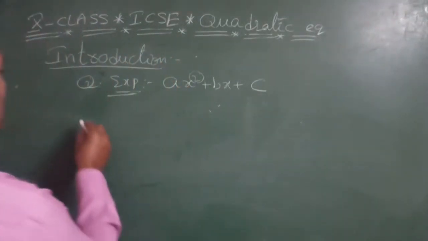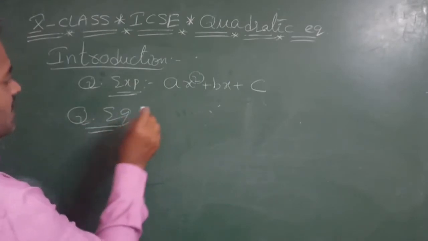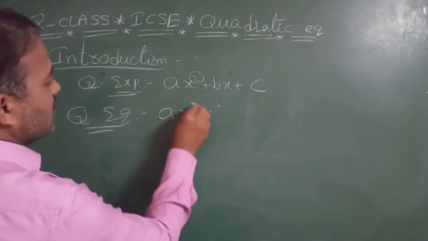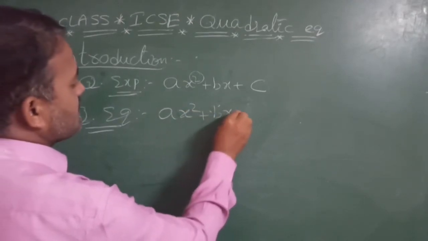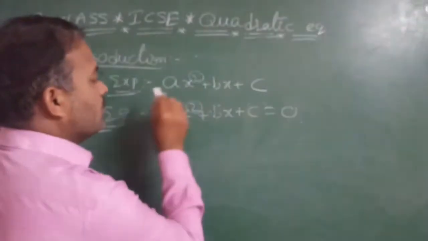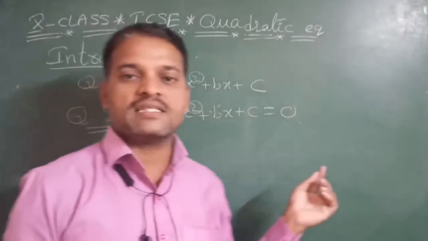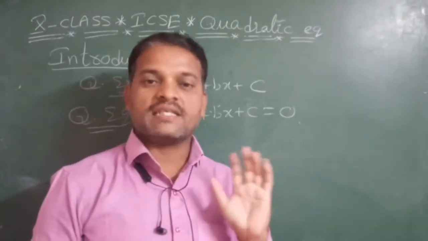What is a quadratic equation? A quadratic equation means ax square plus bx plus c is equal to 0. The degree is 2 and there is an equal sign, so it is called a quadratic equation.